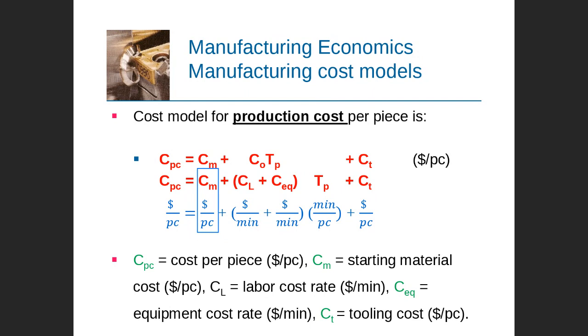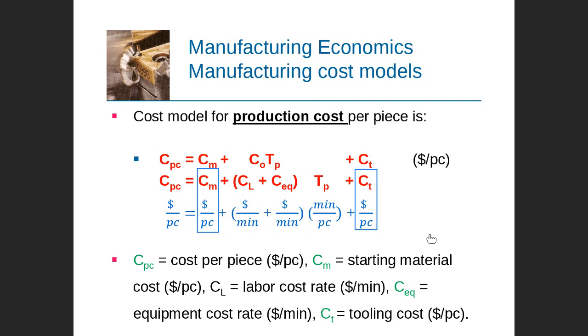Also CT here is the tool cost, and we described that last time, if you remember. This is the tool cost, dollar per piece. I told you that a tool can probably be used to manufacture many parts.